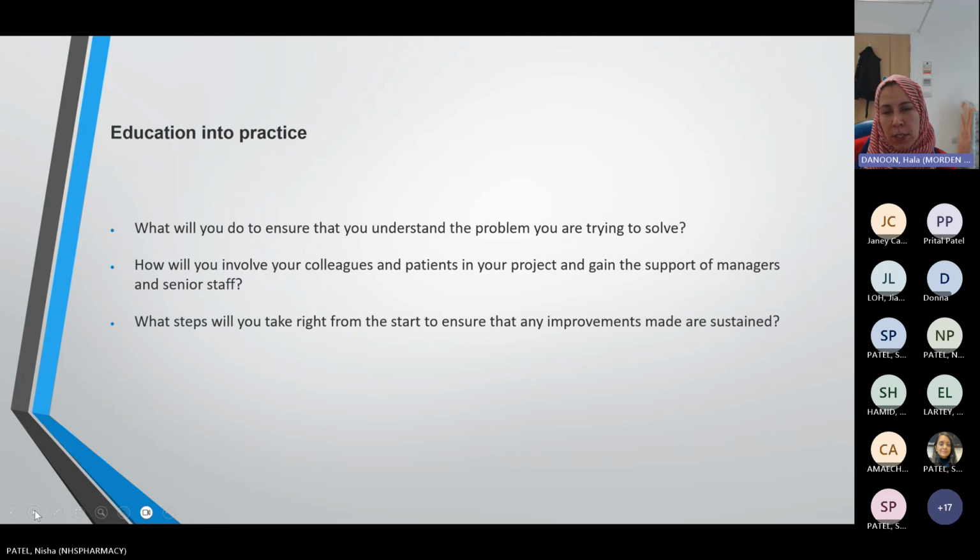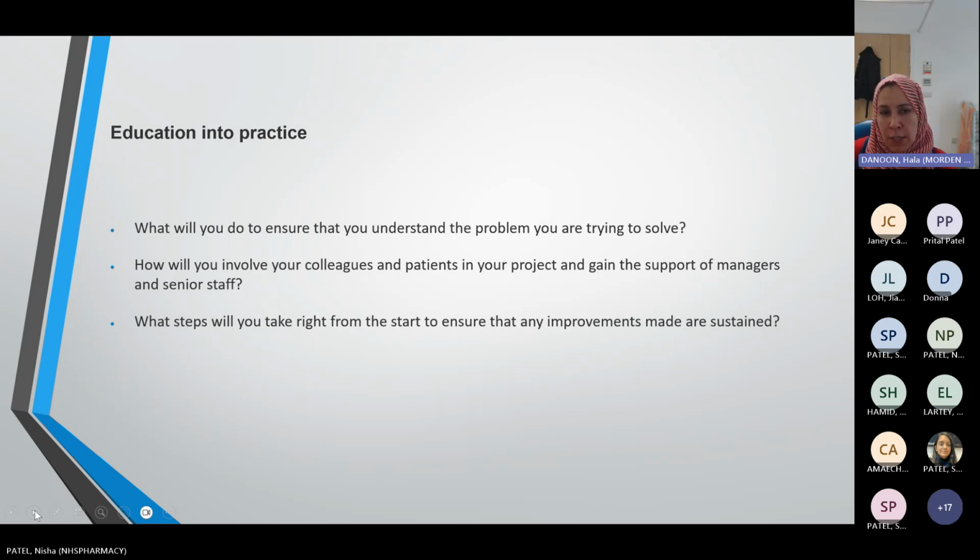So as you work within a team and you have the understanding of the issues that are going on within the team, you need to recognise that quality improvement is part of an education process for yourself and for the team. And what will you do to ensure that you yourself understand the problem that you're trying to resolve?